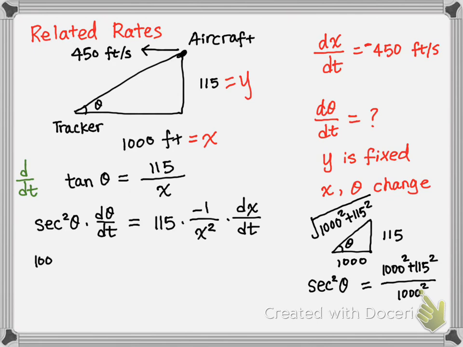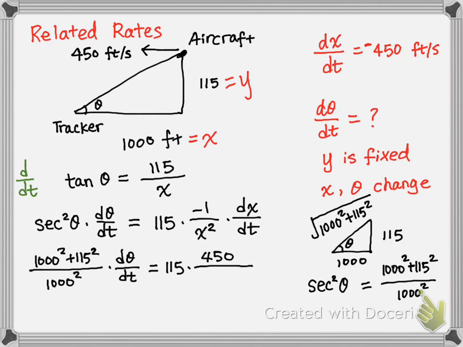So 1,000 squared plus 115 squared, divided by 1,000 squared, times d theta over dt will equal 115 times negative dx over dt, which is 450, divided by x squared, which is 1,000 squared.